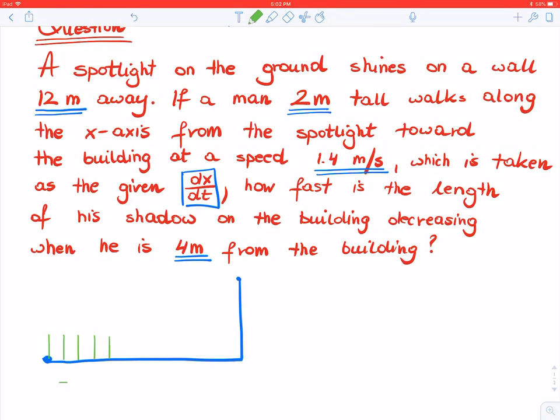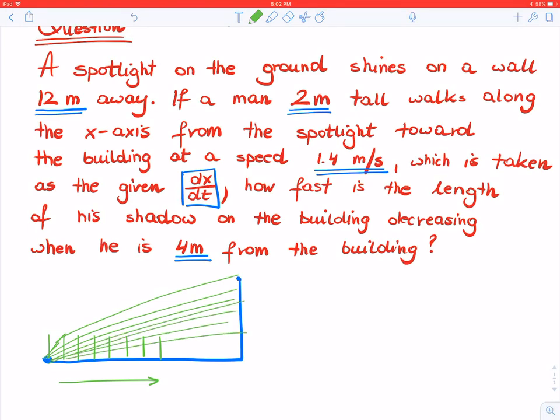We can see he's moving along the x-axis towards the wall. And as soon as he's closer to the wall, maybe that will be his shadow. And it's closer and closer. We can see this distance is decreasing. That's what we're looking for, that height.